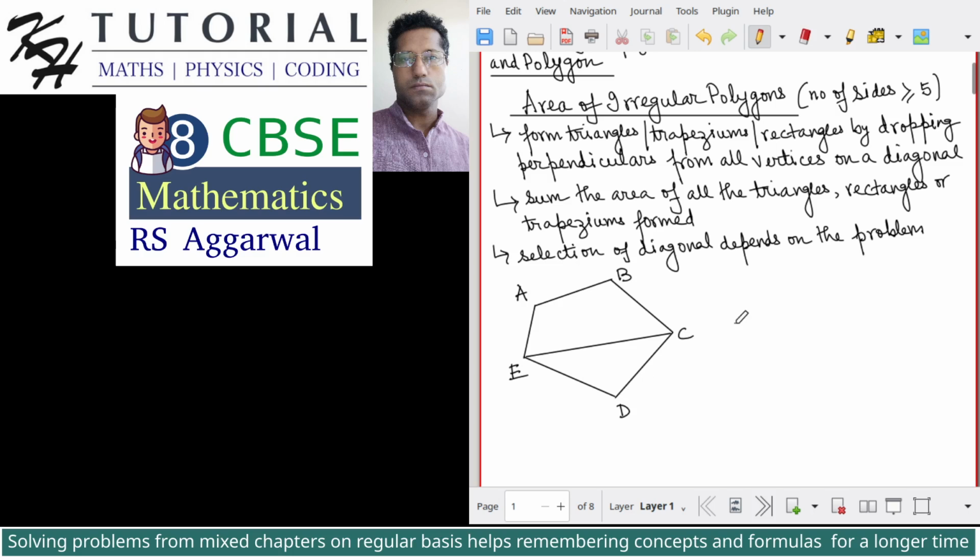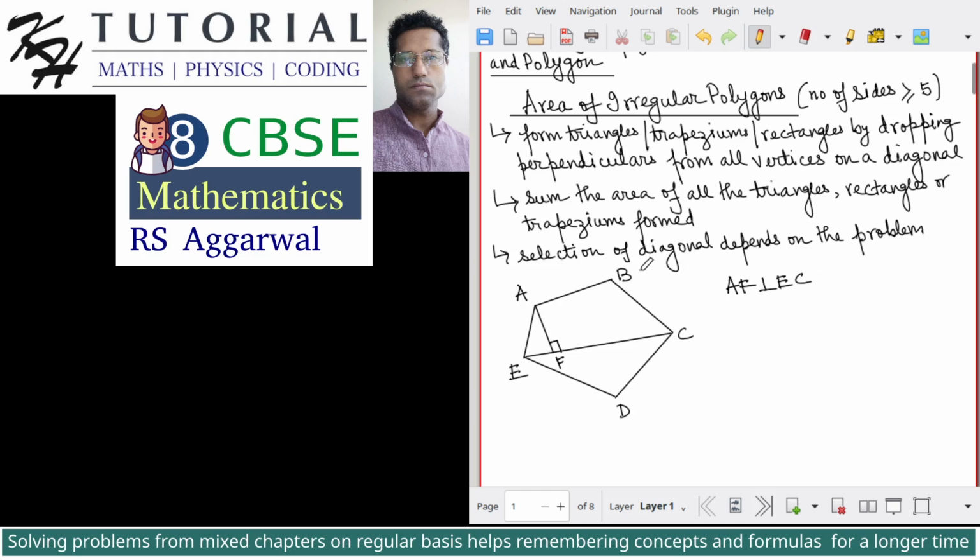The concept is we draw one diagonal, and from all the vertices we draw perpendiculars on this diagonal. In this figure we have the diagonal EC, and we can draw perpendiculars from the vertices A, B and D on this diagonal EC. Let's say AF is perpendicular to EC.